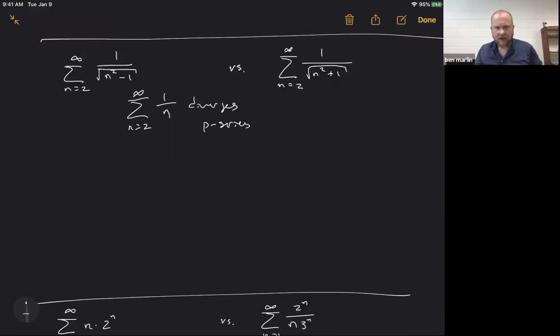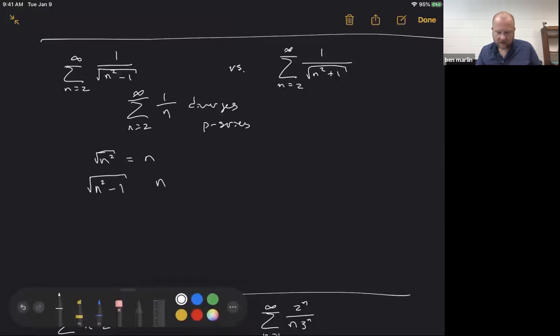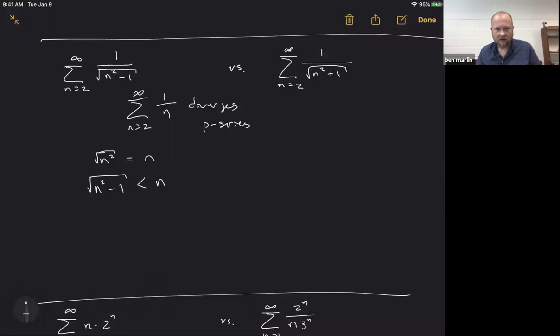And the thing that we have to spot here is what goes on with that term there. So we know that if we had just a square root of n squared, since we're always dealing with positive stuff, that would be equal to just n. So if we take a square root of n squared and inside there subtract something, now it's no longer equal, but since we subtracted something, that'll be smaller.